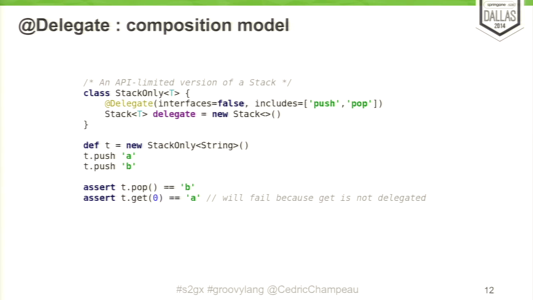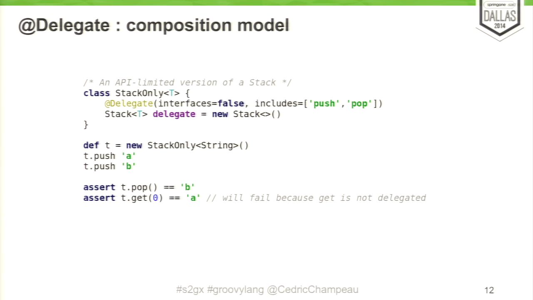Does anyone not know what an AST transformation is in Groovy? Not good. So you have the delegate annotation that allows you to do the same just by annotating this property. So I can say delegate interfaces equals false. So this is important. And includes will say I only delegate to push and pop.